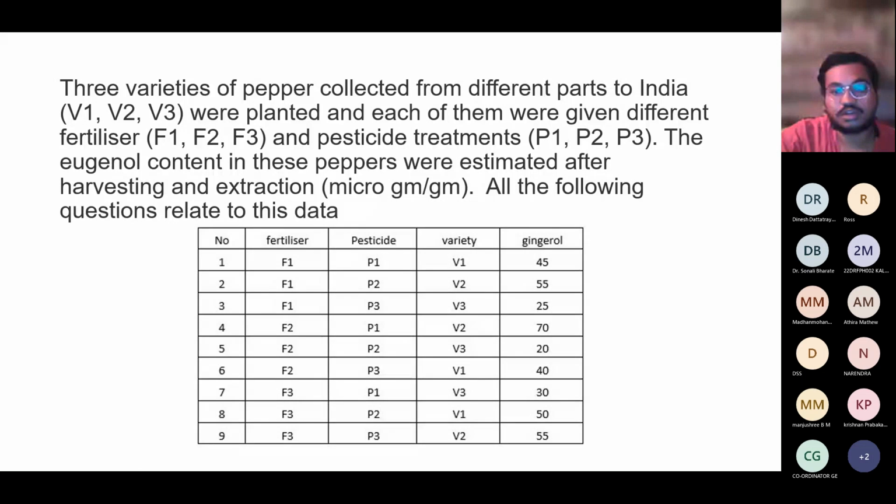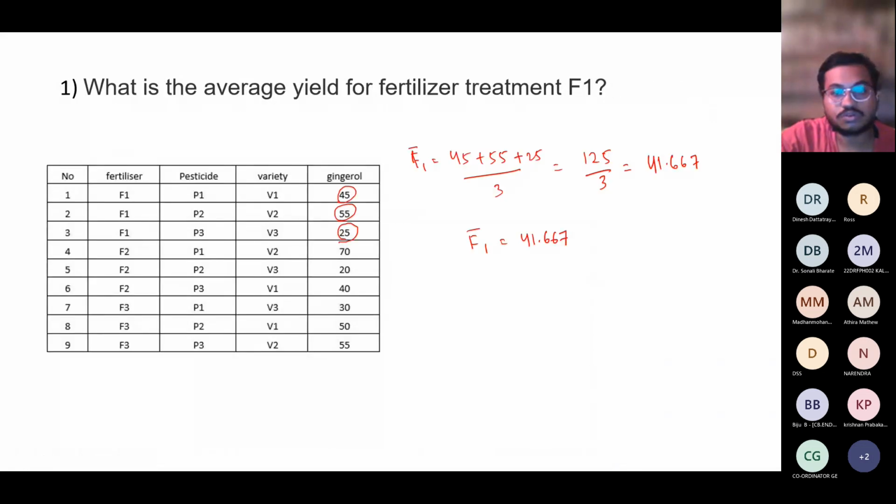So we are given this table. We have 9 different values for some of the combinations of the fertilizer, pesticide, and varieties. The first question is, what is the average yield for fertilizer treatment F1? To find the average yield, we'll see where fertilizer F1 comes in the table.